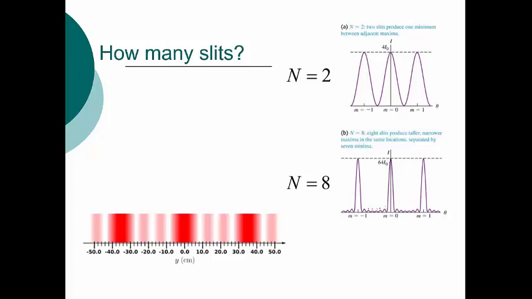Same here. So if I looked at this, I have n equal to 0, n equal to 1. If I want to know how many slits created this, I would just go 1, 2, 3, 4. So this has 4 slits.